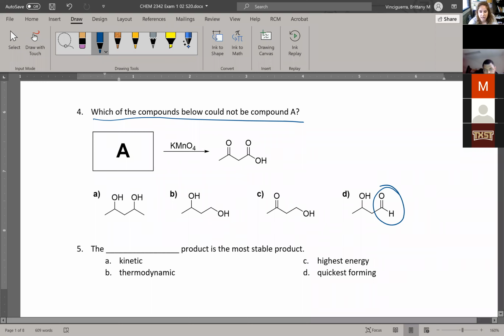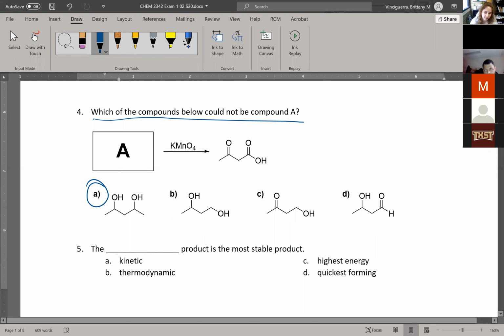What do we know about oxidizing aldehydes? If there's something stronger, then it can go further. Right. So as long as you're not using like PCC or Swern, you can get to a carboxylic acid. So that was, I think, the major misconception here. So A is the correct answer.